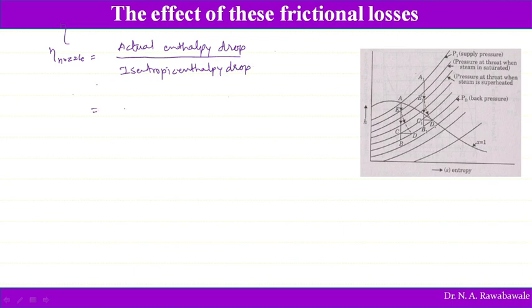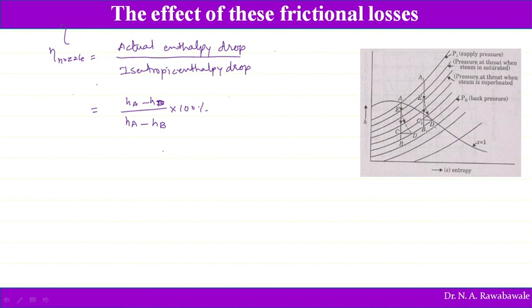The actual enthalpy drop is HA minus HD, and the isentropic enthalpy drop is HA minus HB, into 100. So this is called the nozzle efficiency.